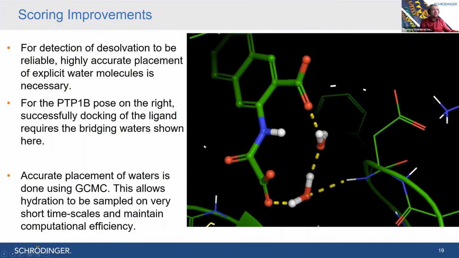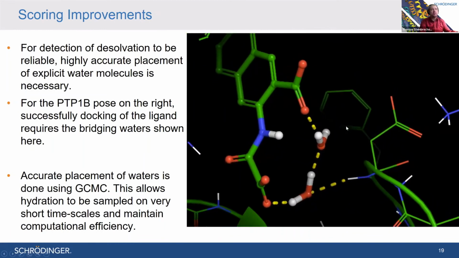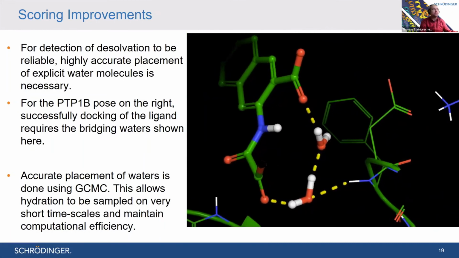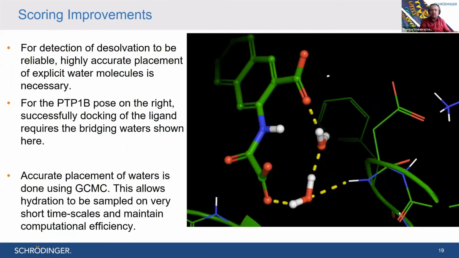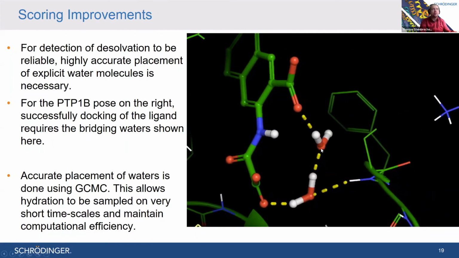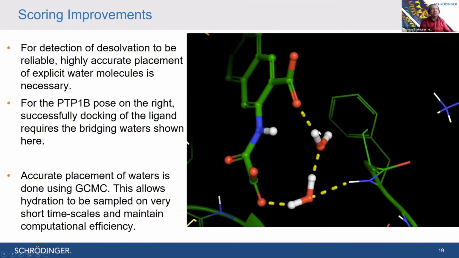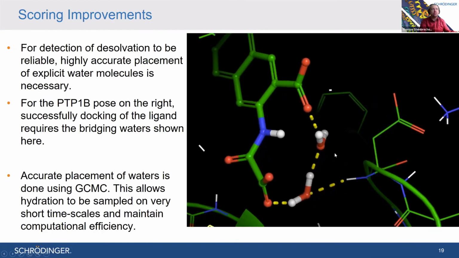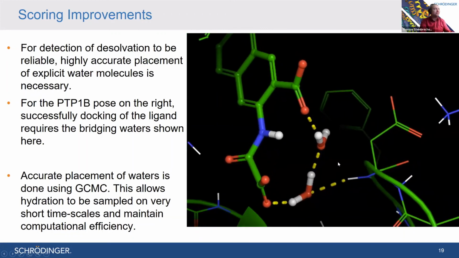And once those complexes are generated, we generate possible water structures using, again, molecular dynamic simulations, this time with grand canonical Monte Carlo water sampling and the WaterMap technology to identify where the clusters of waters are. These can alleviate a lot of these buried polar group penalties, but not all of them. And that is an additional part.